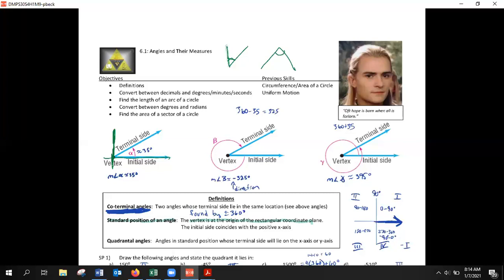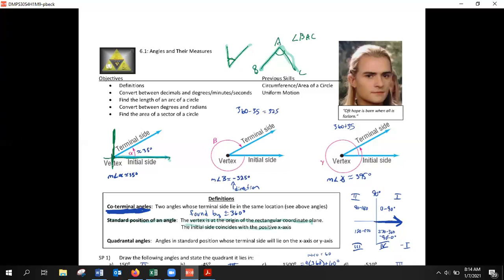If you remember, within the angle, we have one side that goes to the other. We even name it that way. So if we have an angle like BAC, it's angle BAC, then we always start off with the first point, to the second point, to the third point. So our initial side is always going to be on the positive x-axis.